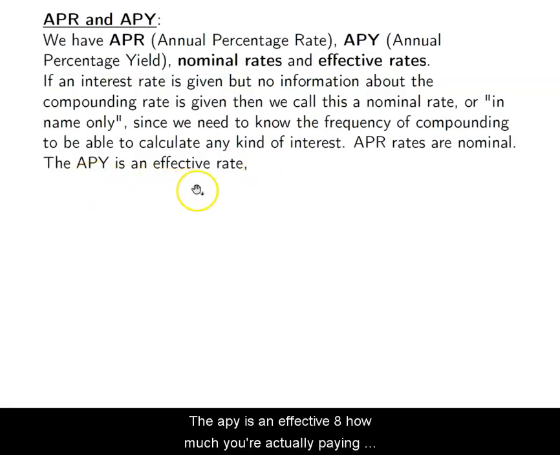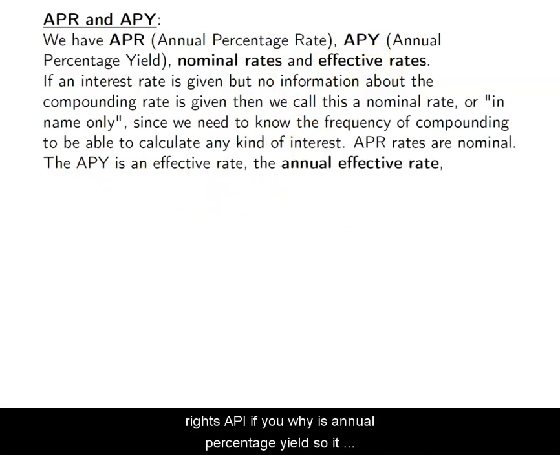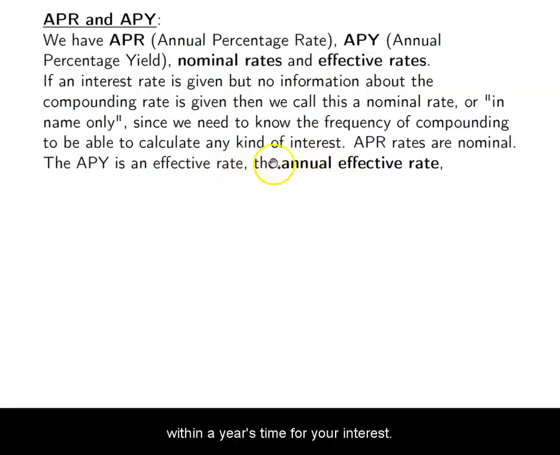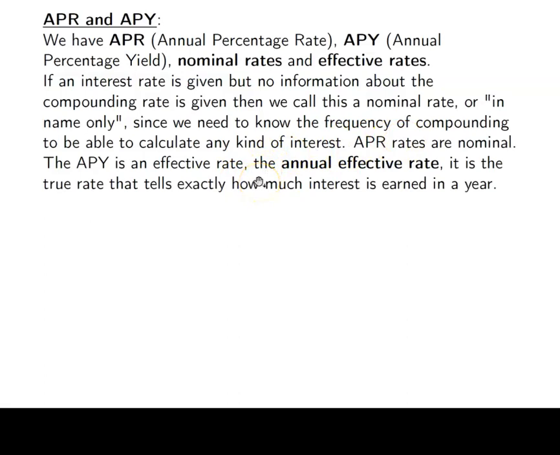The APY is an effective rate. It's how much you're actually paying, right? So APY is annual percentage yield. It tells you how much you're actually paying or receiving within a year's time towards your interest, right? So it's the true rate that tells exactly how much interest is earned or paid in a year.